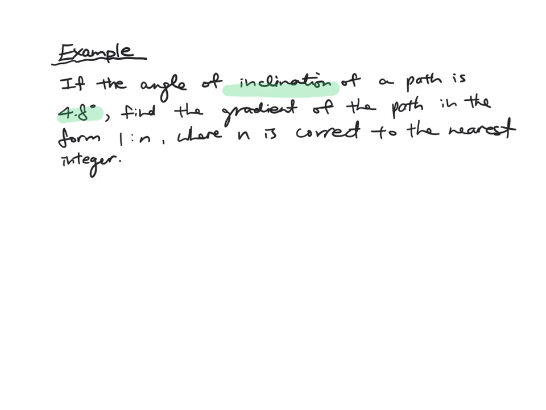Inclination is 4.8 degrees, and I need to find the gradient in 1 to n. Let's try. 1 to n is actually the gradient, and gradient is tangent theta, which is 4.8 degrees.